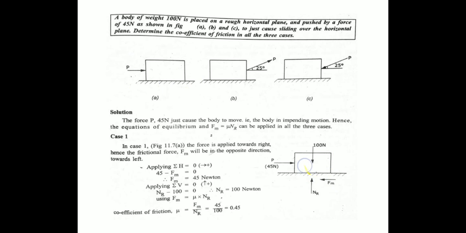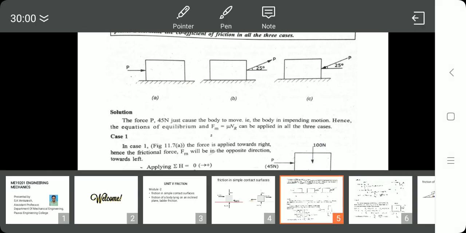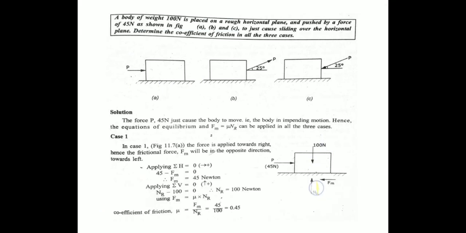So the block has a self weight of 100 Newton. The 100 Newton is balanced by the normal reaction. The applied force P is acting in this direction, that is 45 Newton. So the applied force is balanced by the frictional force, that is Fm, or limiting friction. So apply the equilibrium conditions, that is sigma H is equal to 0, sigma V is equal to 0.